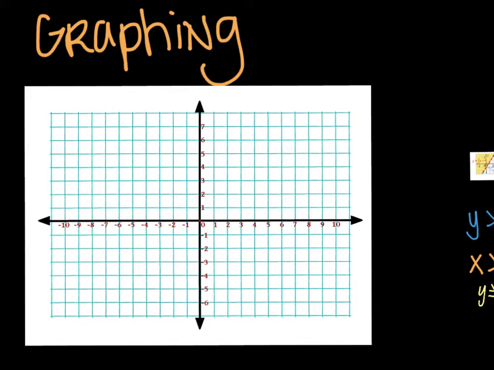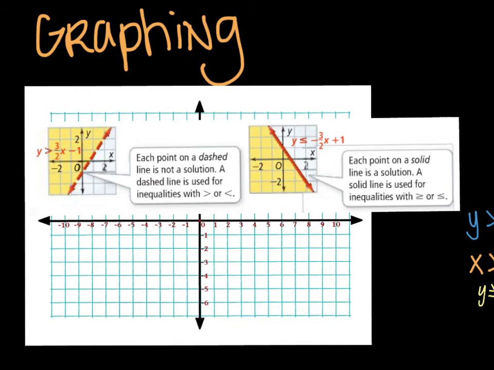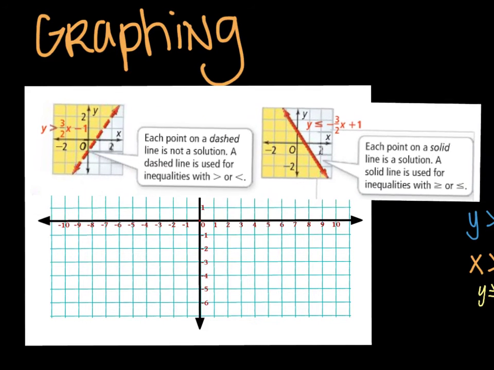Alright, graphing. When we are graphing linear inequalities, they get treated just like equations, except there's not an equal sign, and the lines can look just a little bit different. Here are two examples for you.